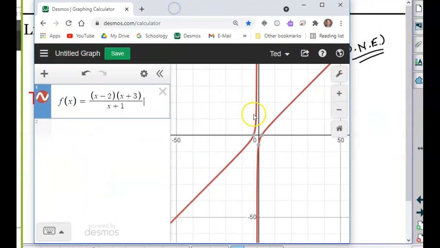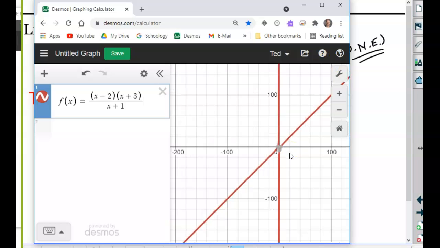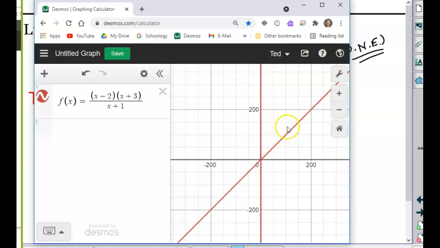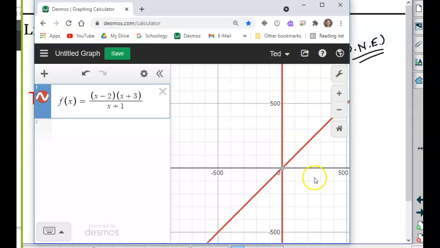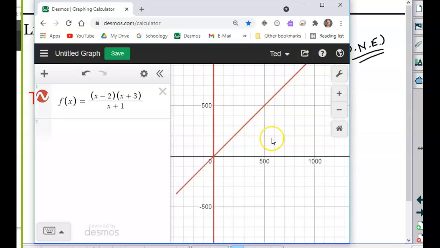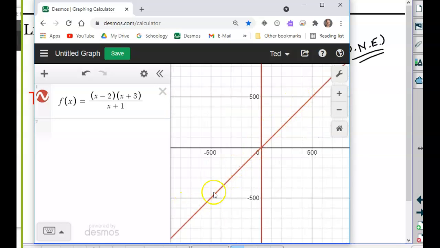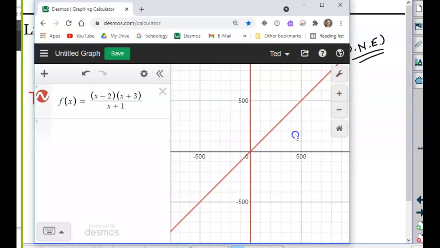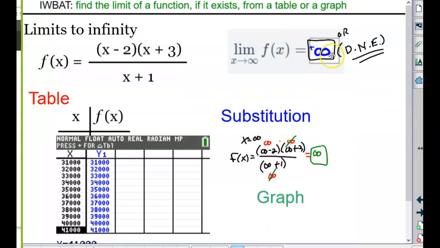But here's the graph. So let's think of this. As I go to the far, far right, where's my function headed? Well, the red line is going up. So as I zoom out, notice how that red function is always going up. It's always increasing. As I keep zooming out and out and out, it almost looks like a linear equation when you go far enough. But we are forever increasing as x gets bigger and bigger, which is confirmation that we're going to infinity. Okay.